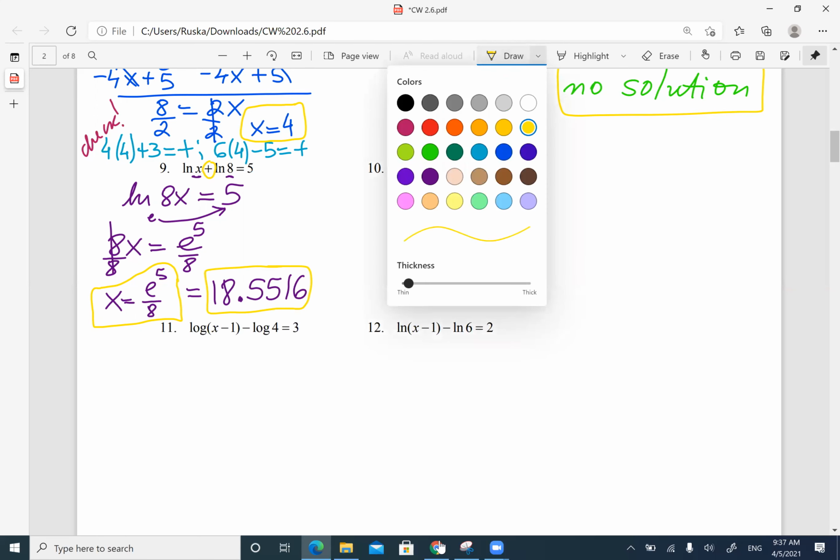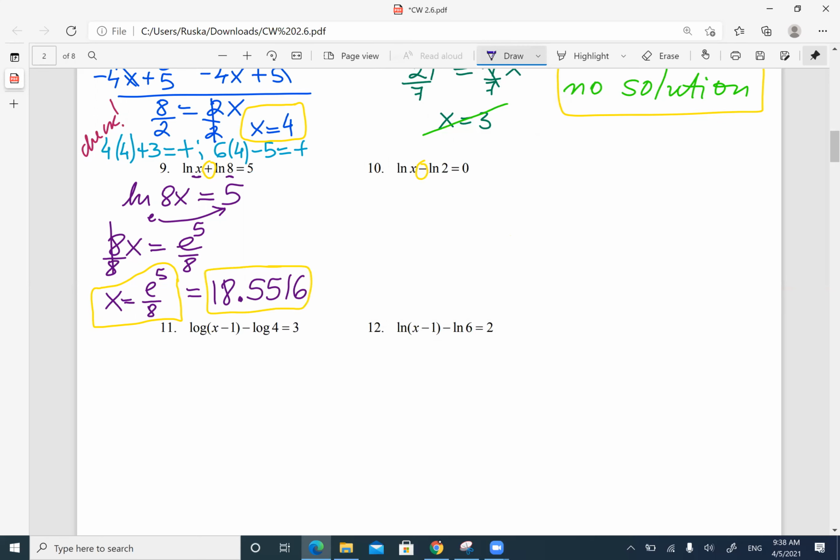Okay, then you're going to go ahead and do the next one, which is number 10, the same way. We have ln minus ln, which is going to be ln of division. So we're going to get ln of x over 2 equals 0.